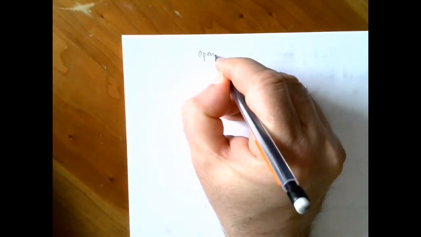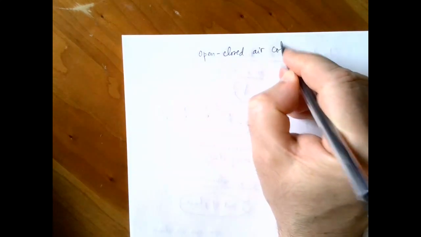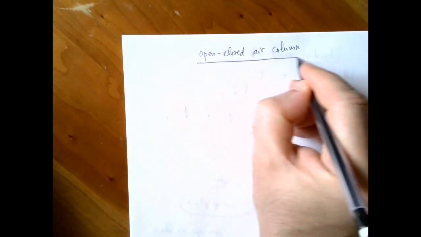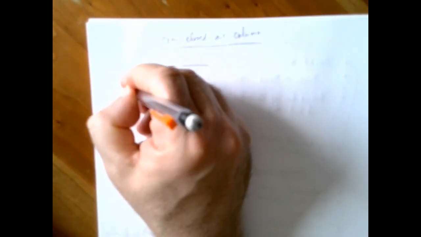And now let's get to work and see how these things work. Let's be a little more quantitative. So let's work with an open-closed air column, and we'll borrow a lot of knowledge from the standing waves on a string. So if we work with an open-end column, it will look like this.